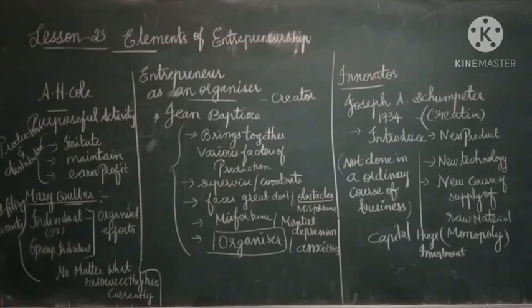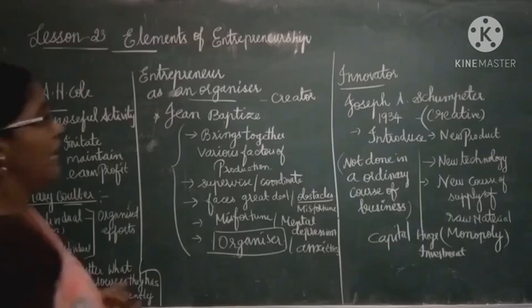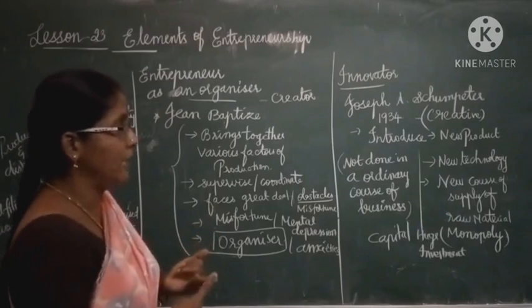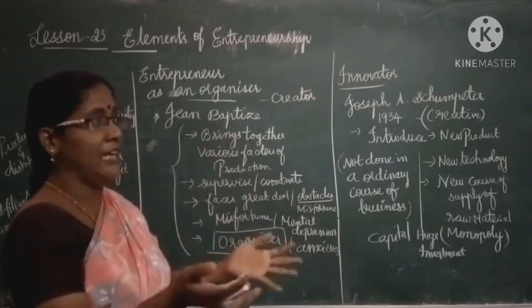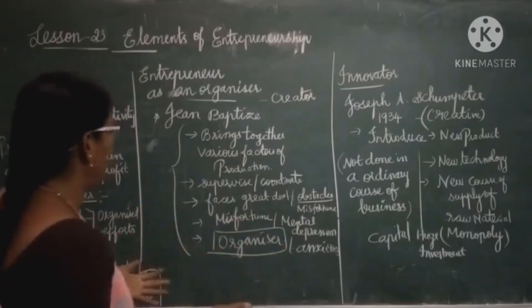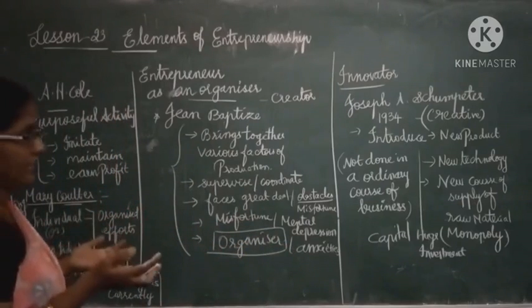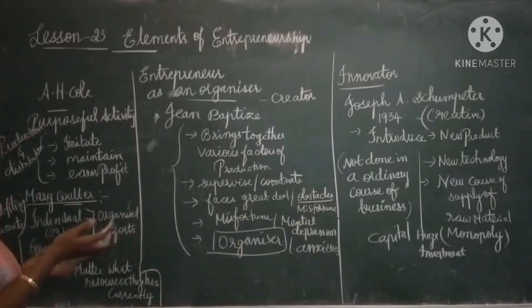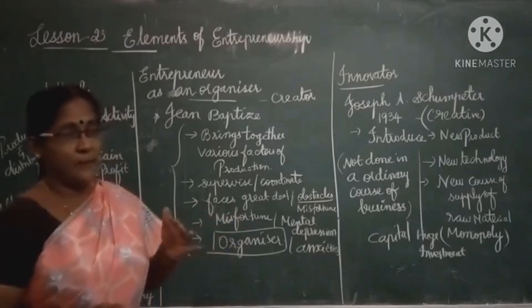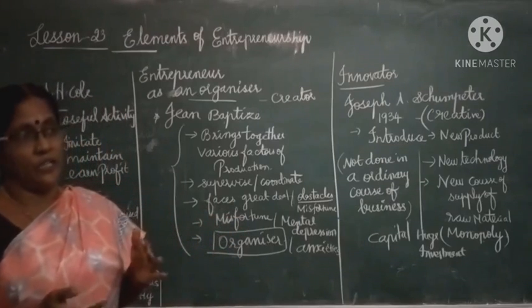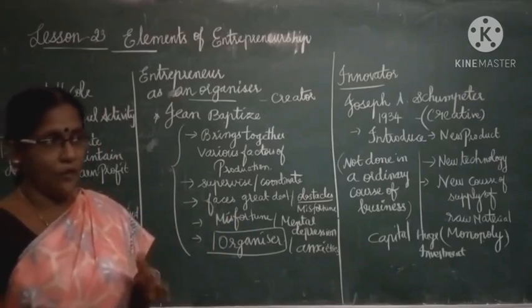These are all the elements of entrepreneurship. As the first one, we have seen the entrepreneur as a risk taker, risk bearer, and as an innovator, because he is creating the product, he is creating an entity. Then the entrepreneur is an organizer. He brings together and supervises the managers, the administration level, and the lower-level employees.